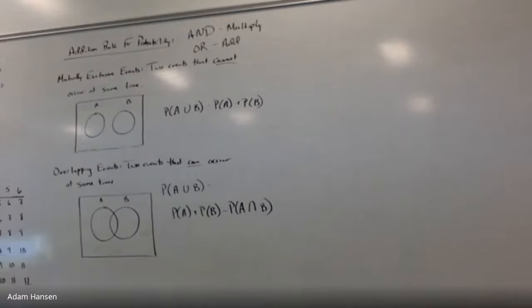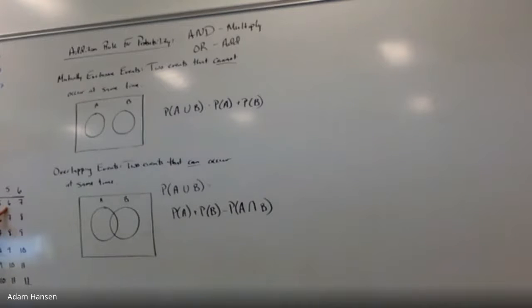How about an example of that, perhaps? I roll two dice, I take the sum. Could I roll a 5 and a 6 at the same time? Is that possible?